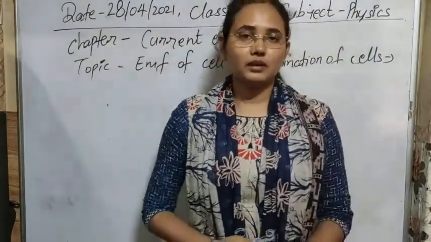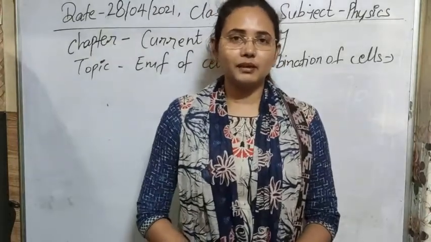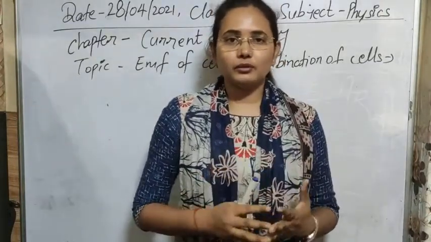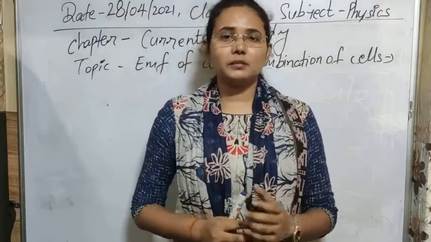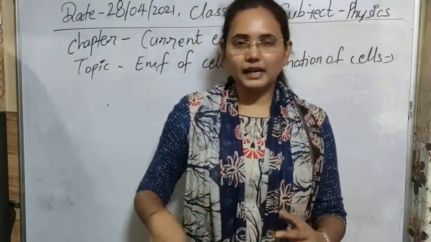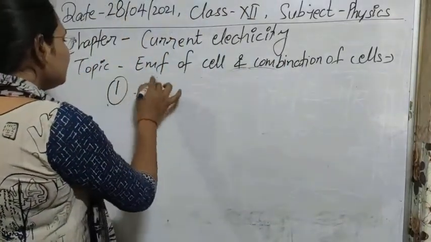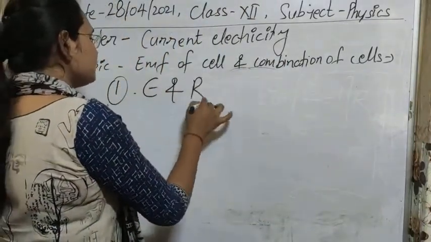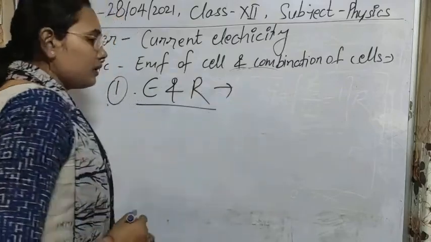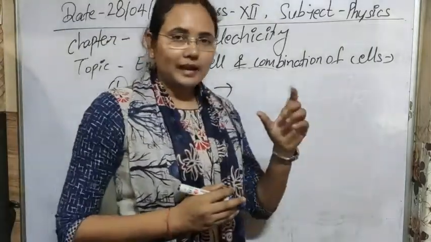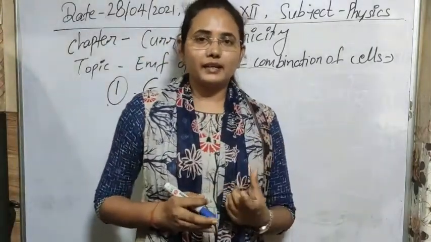Next concept: after discussing that, let's see some graphs for the factors that we have just seen. The first graph is between EMF and external resistance. As you know, EMF is the potential when no circuit is connected, no closed circuit.